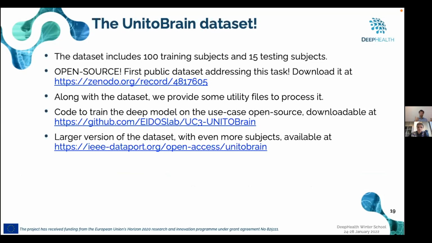And the data was a very big problem here. Because this topic is very specific, and since these data are very hard to retrieve, no open source data have been available. We have released a data set including 100 subjects on Zenodo.